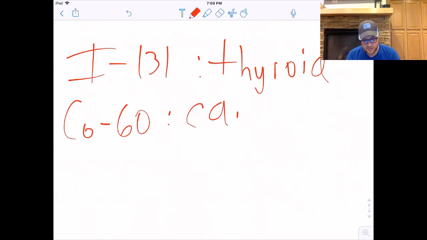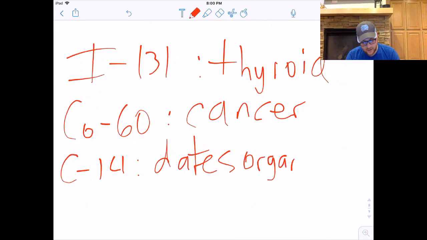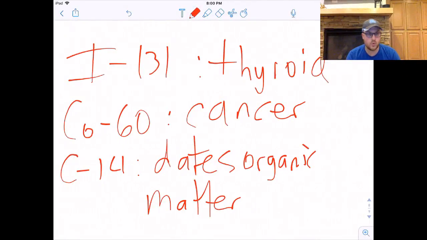There's carbon-14, which dates, aka tells you the age of organic matter. All that means is it tells you how old once living things were, or currently alive things. But usually they'll use it on fossils and stuff. So that dates formerly living things.